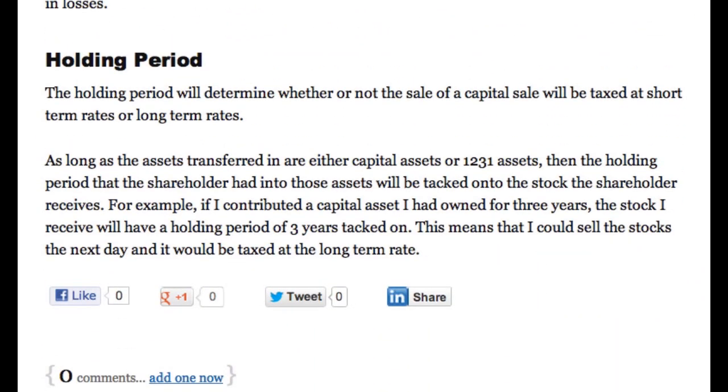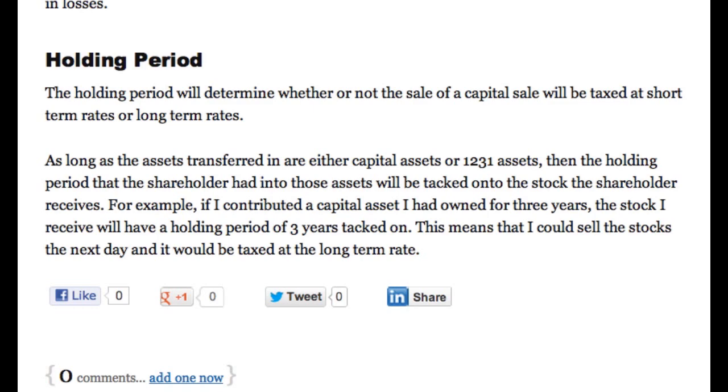The holding period is going to determine whether or not the sale of a capital asset will be taxed at short-term rates or long-term rates. As long as the assets transferred in are either capital assets or 1231 assets, then the holding period that the shareholder had in those assets will be tacked onto the stock the shareholder receives.